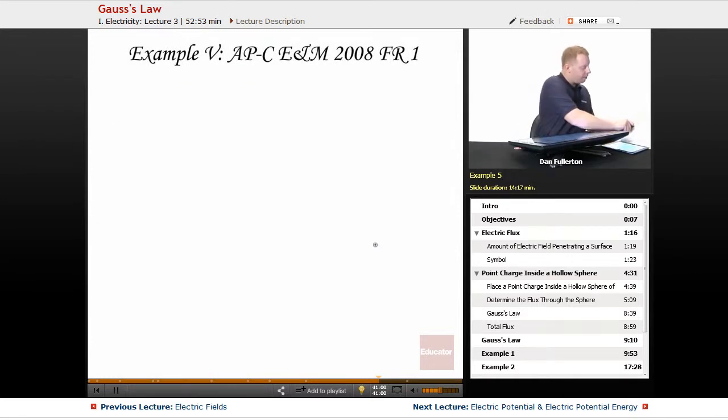All right, now it wants us to do a graph of the electric field as a function of distance, which should be pretty straightforward because we just figured out all of the different pieces analytically. So let's draw our graph here.